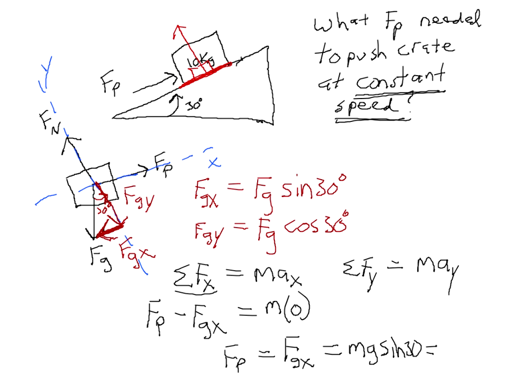The mass of the crate is 10 kilograms, g is 9.8, and sine 30 is a half. So you end up with 1/2 times 9.8 is 4.9, times 10 kilograms is 49. The force of the push that we need is 49 newtons.